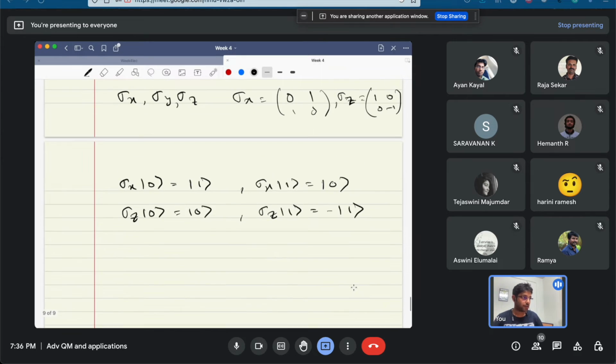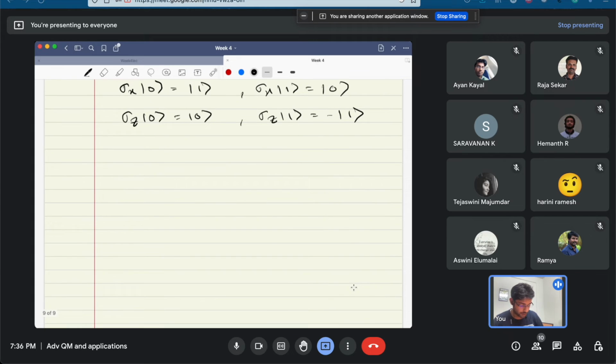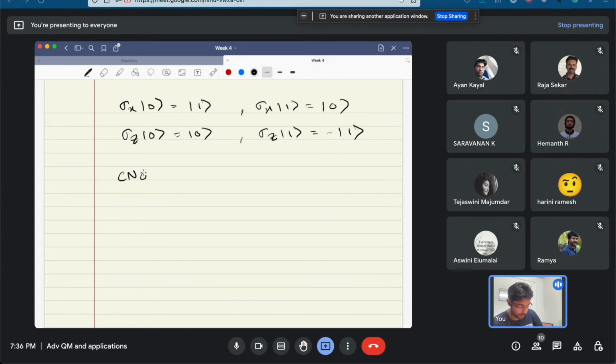Okay, and there is again a crucial gate, that is the CNOT gate. Now CNOT is a 2 qubit gate, so there is one control qubit and one on which the controlled operation happens. Let's say this is psi 1 and psi 2. Now what CNOT does is, if this control bit is 0, then it does nothing, but if it's 1, then it flips the bit like sigma x.